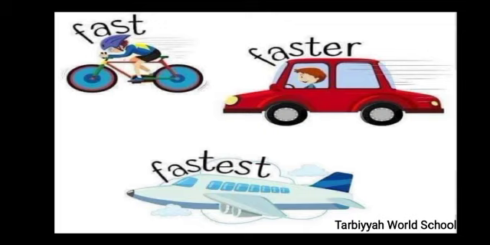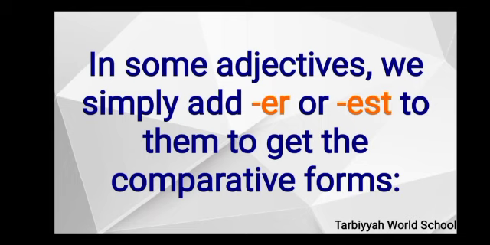Here, in the last one, fastest, we are comparing more than one thing, fast and faster. So we are comparing these two things with the fastest. Okay? So here we use fastest.